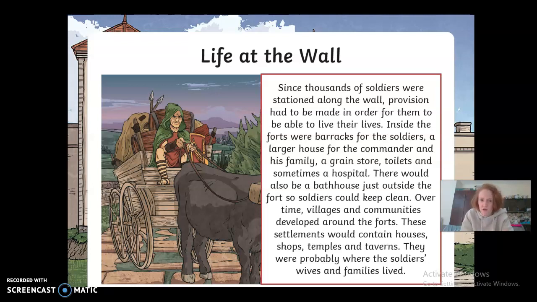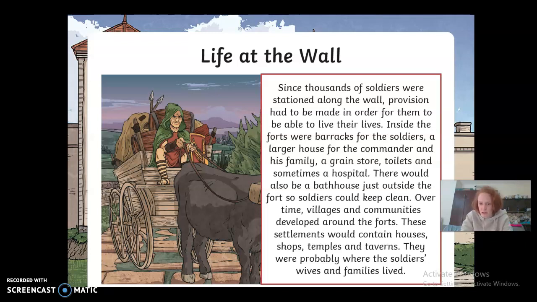So inside the forts were barracks for the soldiers, and a larger house for the commander and his family. So a commander, who was like a leader of the soldiers at the wall, had a larger house. There was a grain store, toilets, and sometimes a hospital.